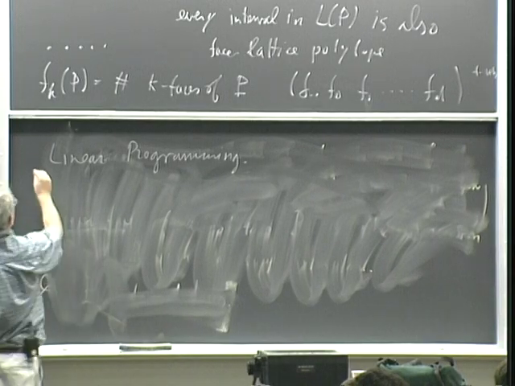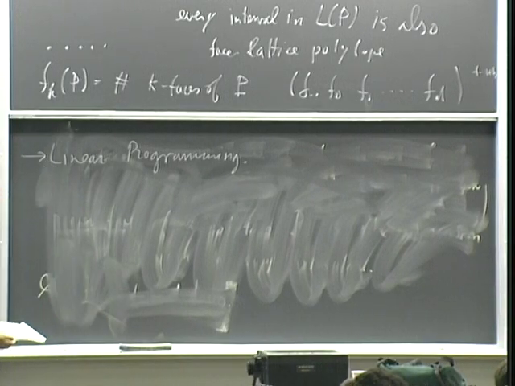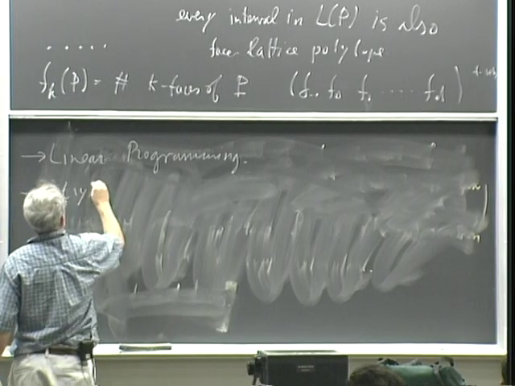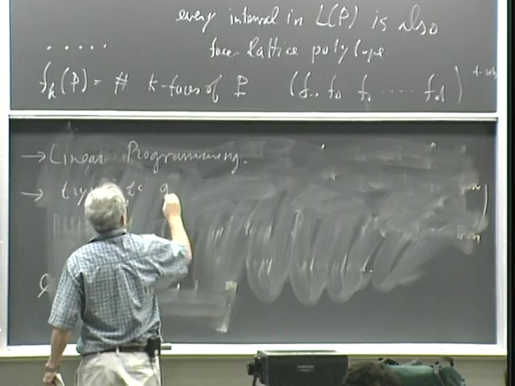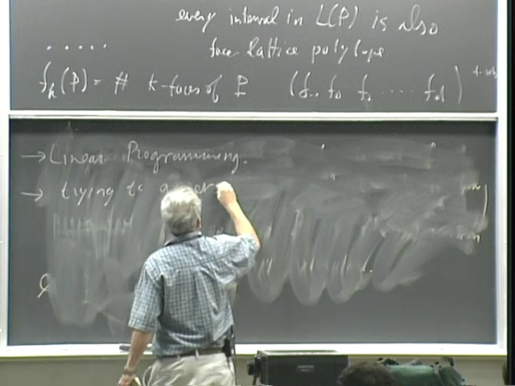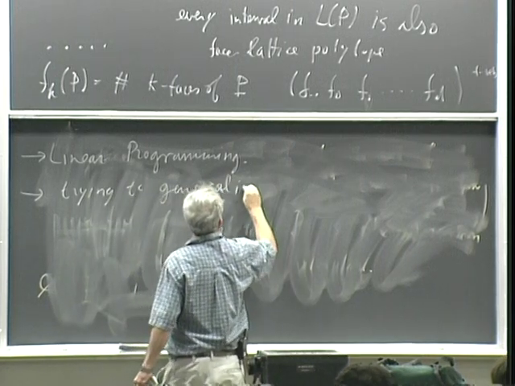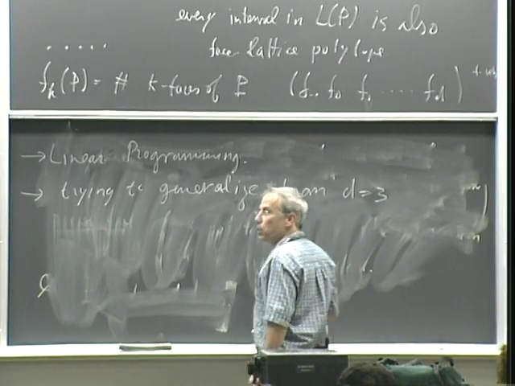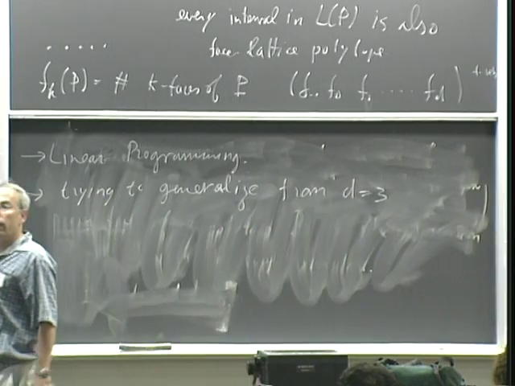Another source of problems is trying to generalize from d equals 3. Three-dimensional polytopes are fairly well understood.